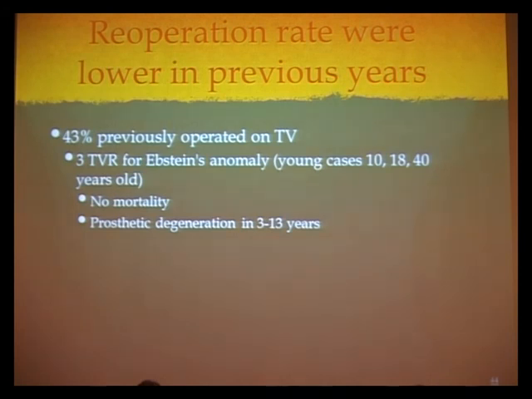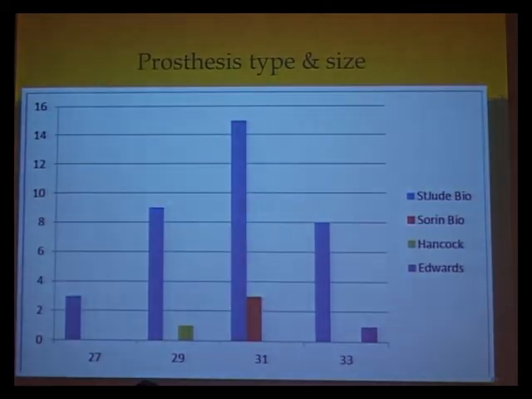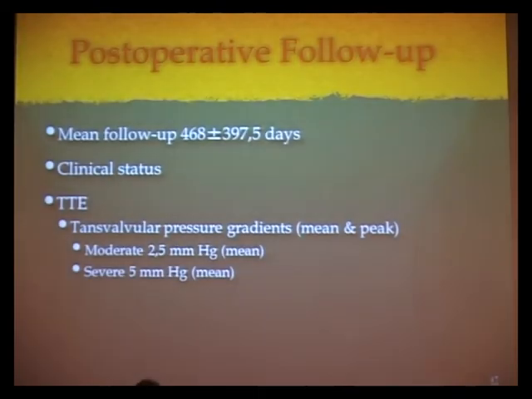and I think that reoperation rates were lower in the previous years' bioprosthesis that we have used in tricuspid position. These are the cases. There was no difference between the two groups.